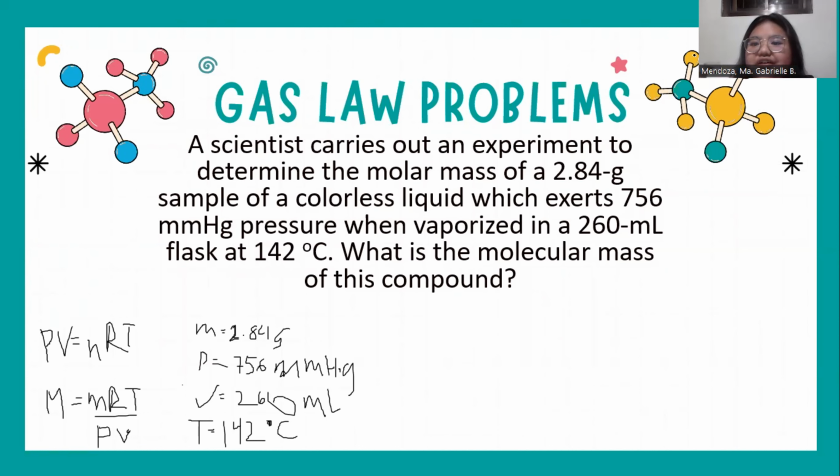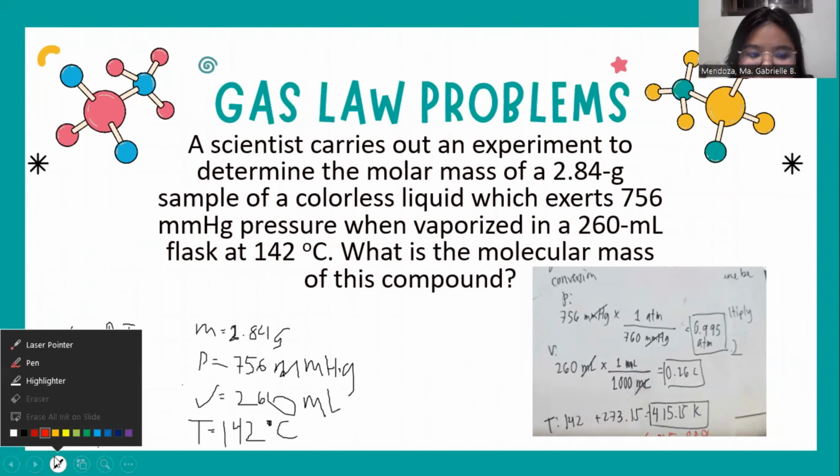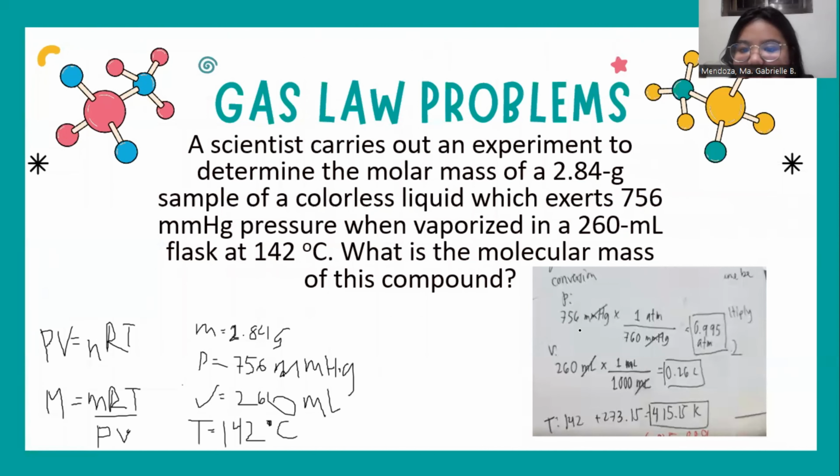Mag-i-insert na lang ako dito ng shortcut. Nag-insert na lang ako ng image para mas mabilis. So, as I stated earlier, kailangan nating i-convert yung pressure, yung volume, pati yung temperature in their standard unit, which is ATM, liters, and Kelvin. Makikita natin sa picture na na-convert natin yung 756 mmHg into ATM.